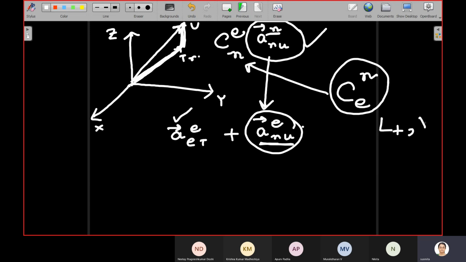So we know the latitude and longitude of the transmitter. Using that we can find this transformation matrix. But we require this one. So how will we get this one? How are they related? Ma'am, they are transpose. Transpose. So we can find this one, right?